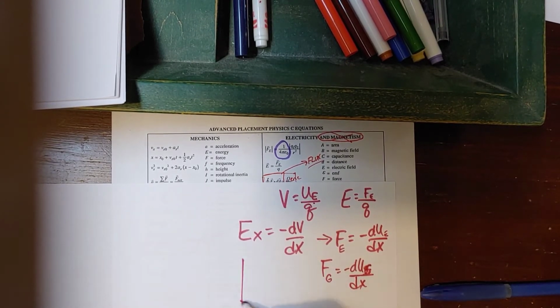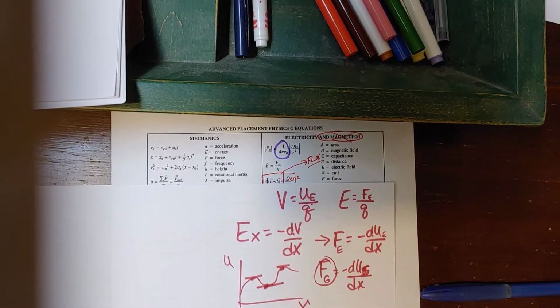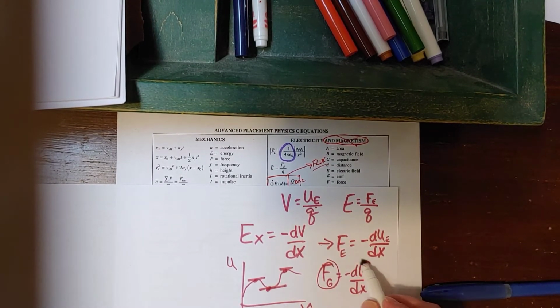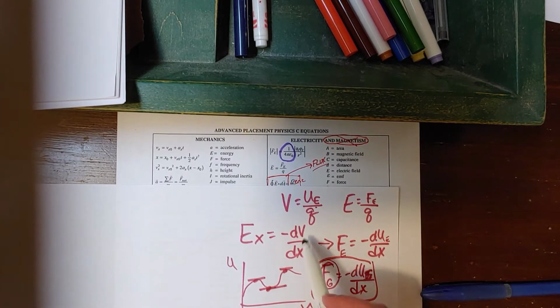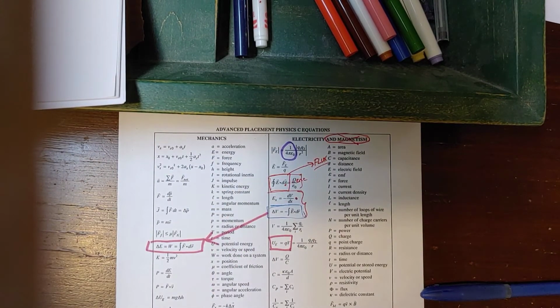Or it's just good for, I give you any old U versus x, right? And the slope anywhere, oh look, these are equilibrium points because the slopes are 0, which means the force is 0. Remember all this? Okay, so this is useful and not on your equation sheet, but it sort of is because that is. Okay? Groovy. Let's keep going.